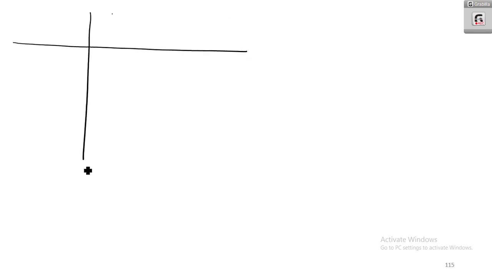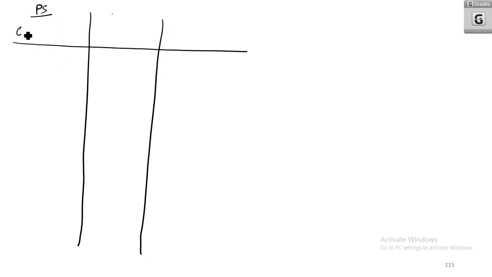Okay. So I am having present state. I am having 3 bits, that is Q3, Q2, Q1. And next state I am having Q3, Q2, Q1. And again, what is T?